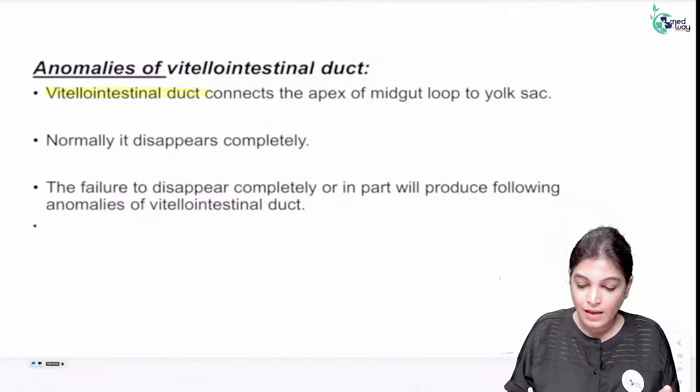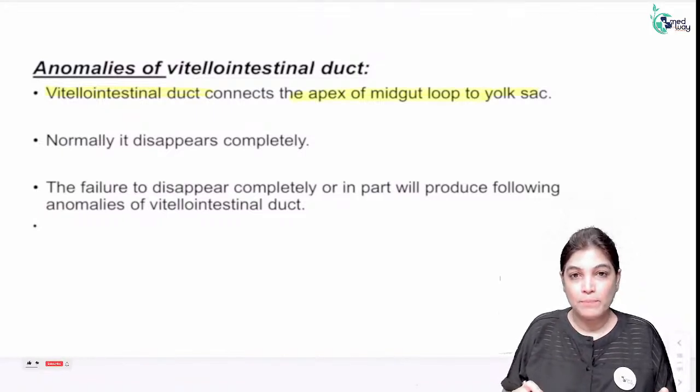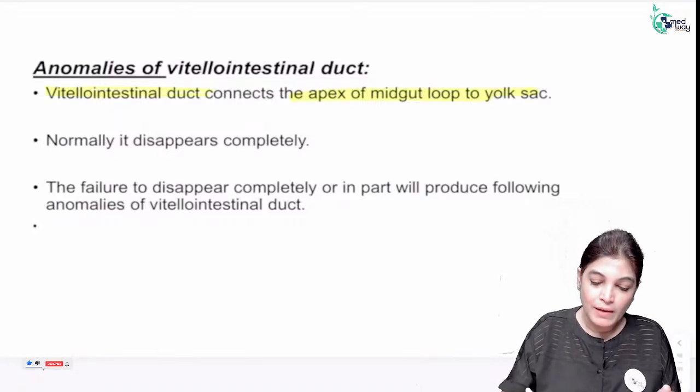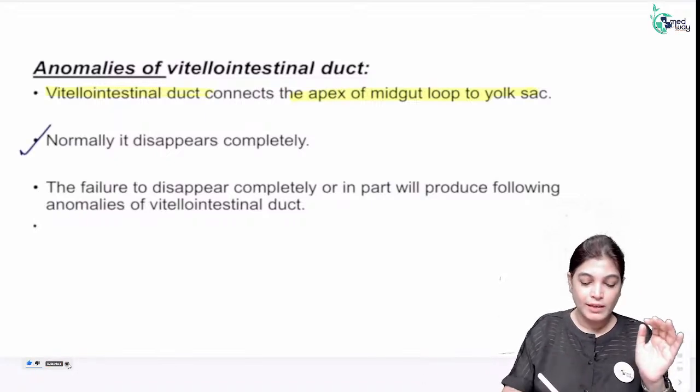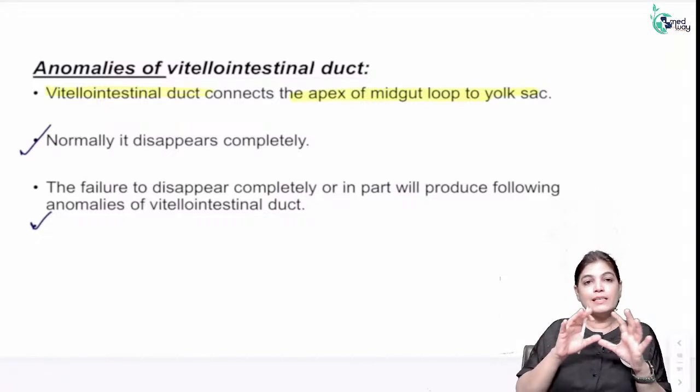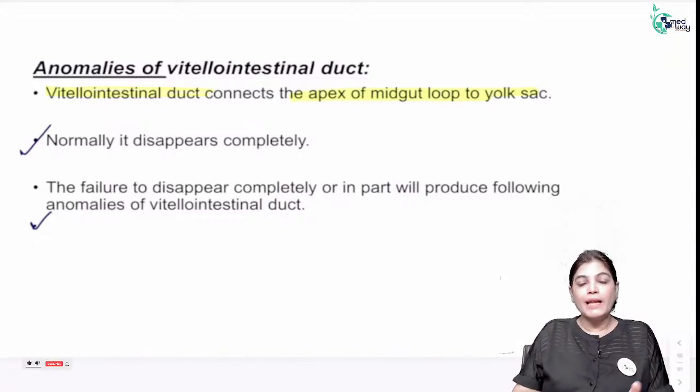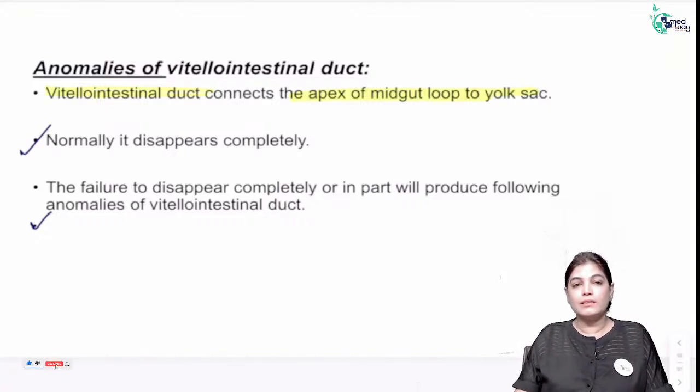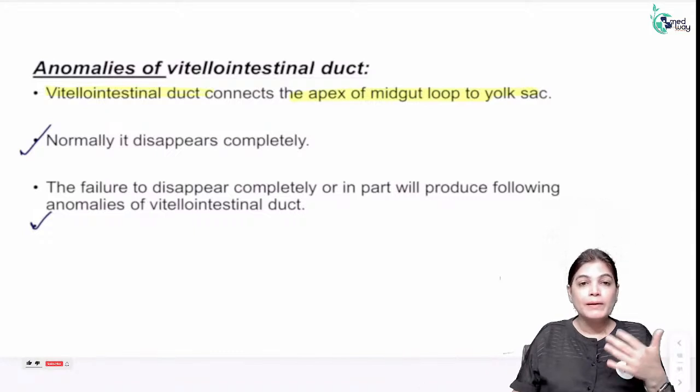It is connecting the mid-gut loop apex to the yolk sac. So what happens in the normal condition? It will disappear completely. But sometimes what happens is that this duct is not completely obliterated.